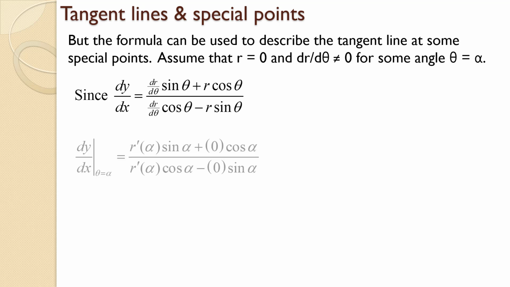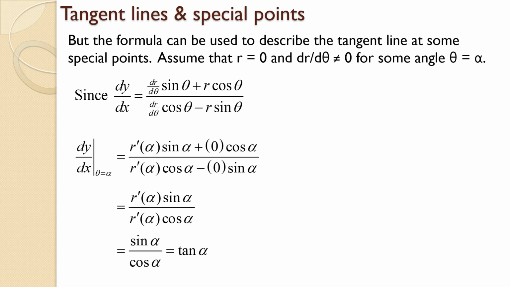By just plugging in theta equals alpha, remember, r is 0 at this angle. That means the upper portion would cancel and the lower portion would partly cancel. Since the rate of change of the radius with respect to the angle is not 0, those factors would cancel, in the end giving us sine of alpha over cosine of alpha. And that's the tangent of alpha.